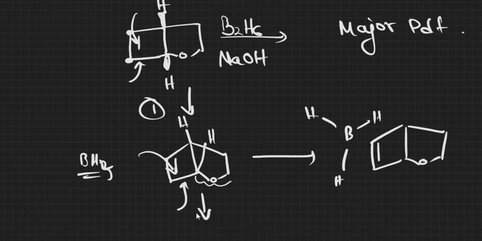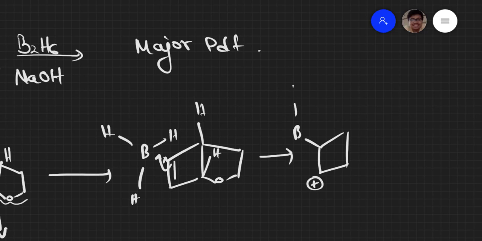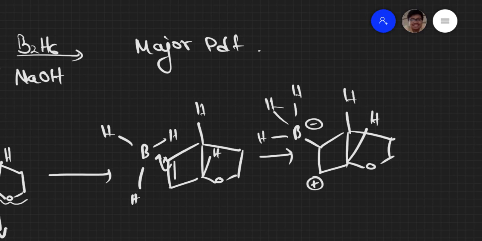It attacks from this side, from this way. So what will form now? It will form the positive charge here, and here is the BH3 minus. So it's kind of a transition state. It has very transient stability and cannot be trapped easily.